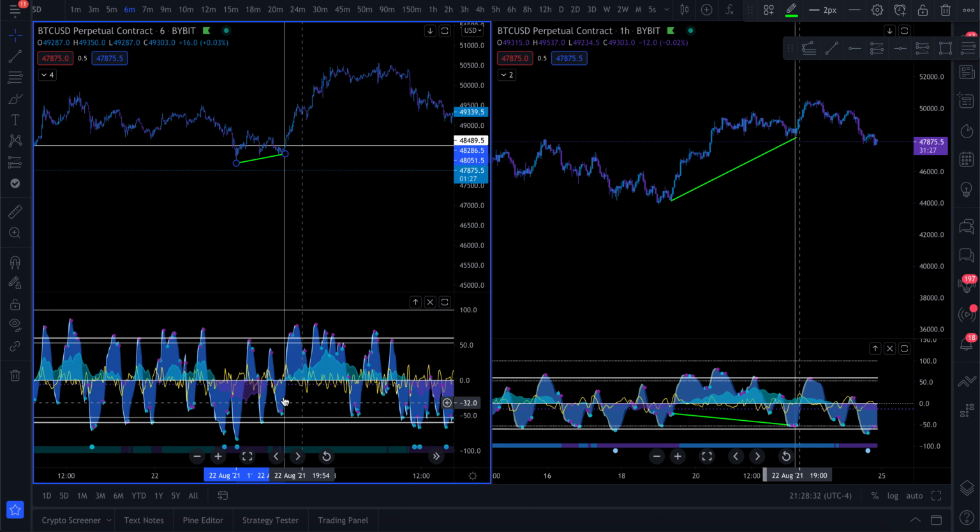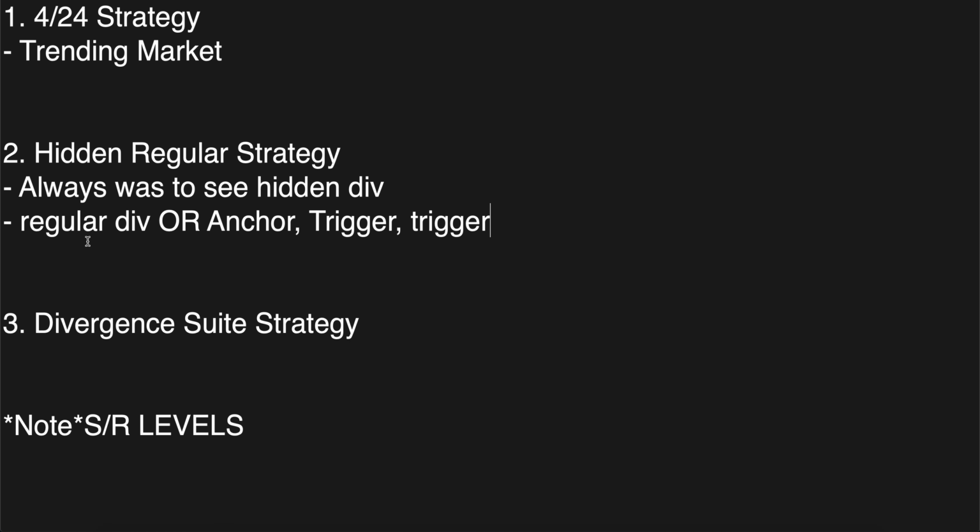When you see the money flow cross after a hidden divergence, that is a powerful thing, guys. So first of all, we always look for the hidden div. After the hidden divergence, we want to see a regular divergence or anchor, trigger, trigger with money flow cross, okay?